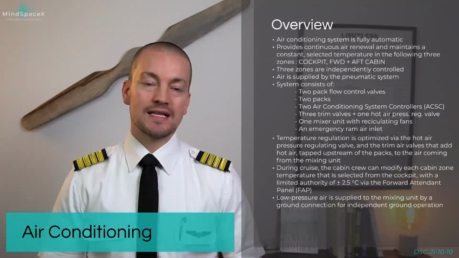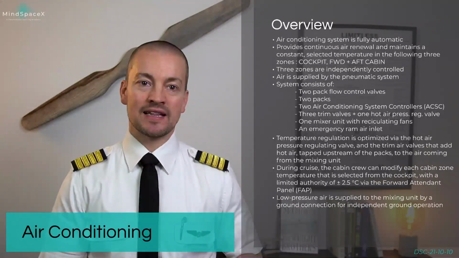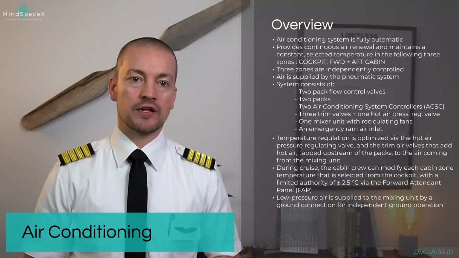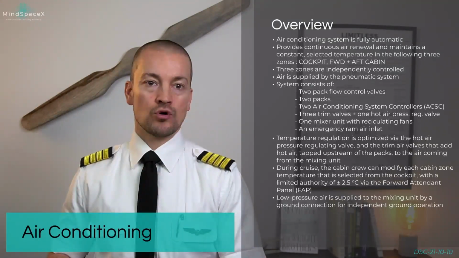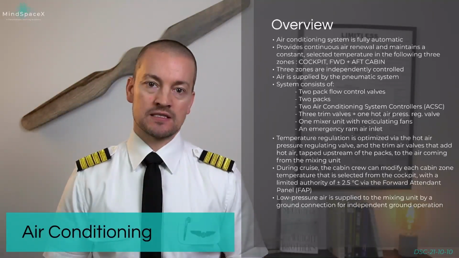During cruise, the cabin crew can, via the flight attendant panel inside the cabin, regulate the preset temperature from the cockpit in the cabin zones by plus or minus 2.5 degrees Celsius.